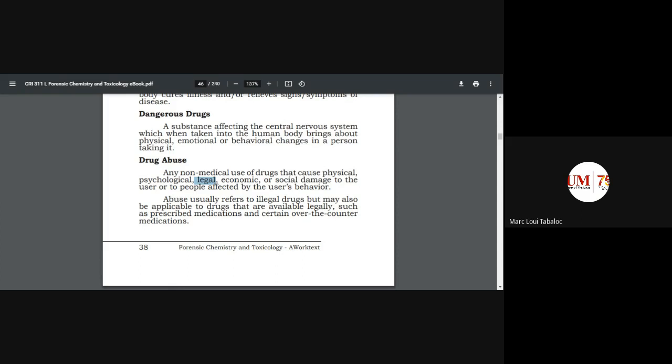Kung ikaw naman binigyan ng prescription ng doctor, of course, you would take it following the doctor's medications. Kung magtitake ka naman ng tinatawag na over-the-counter medications, yung mga drugs na hindi kinakailangan ng prescription, well, still okay. Hindi naman yan pinoprohibit. But when you take or indulge yourselves into drugs that are not part of those legally allowed or those that are prohibited by law at ginagamit mo yan extensively, well, that is drug abuse.